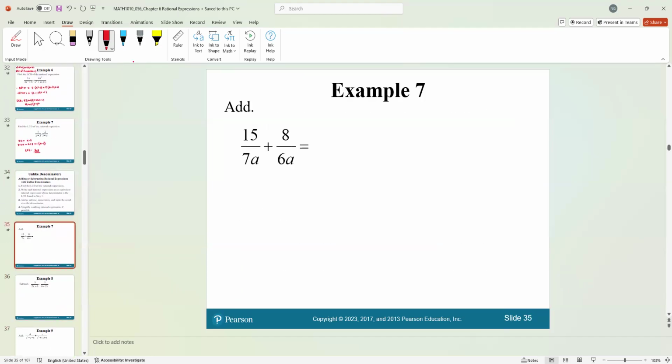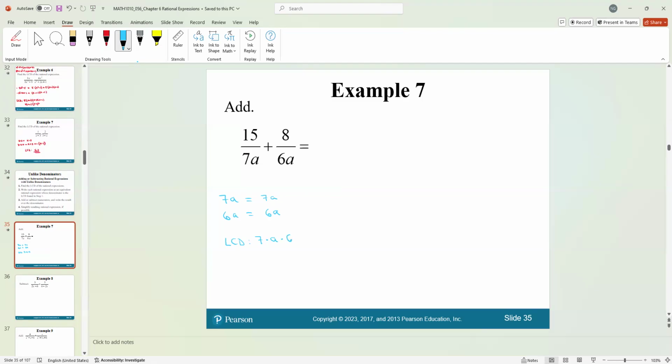Now, look at that. First of all, I need to identify the factors here. We have only 7a, and 6a is only 6a. So if you're looking for the LCD, the first thing is take 7 times a times 6.